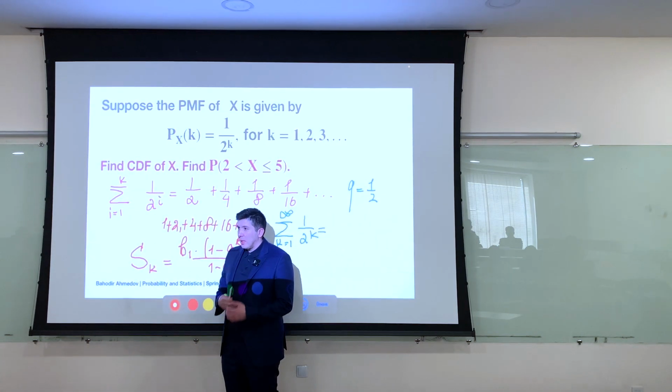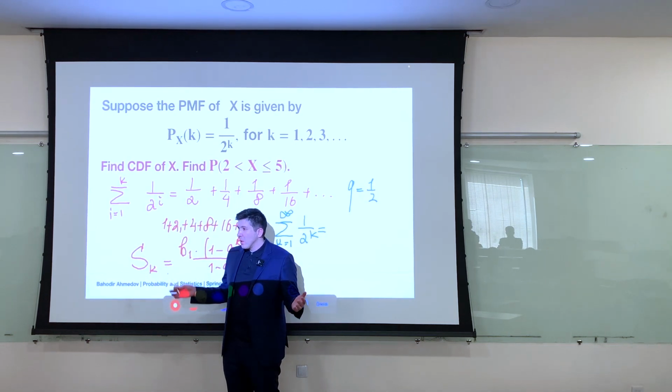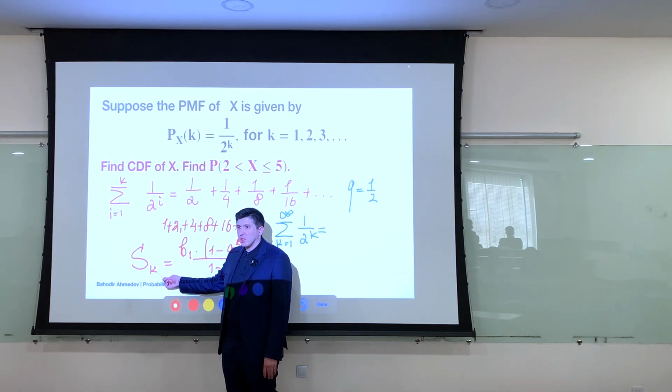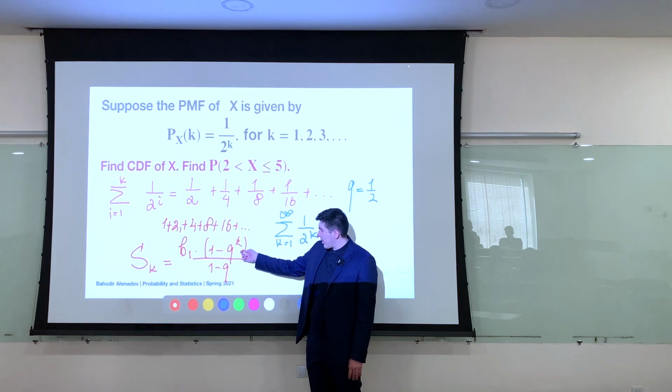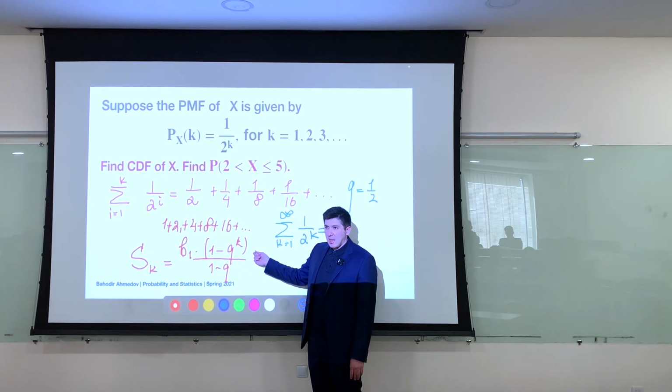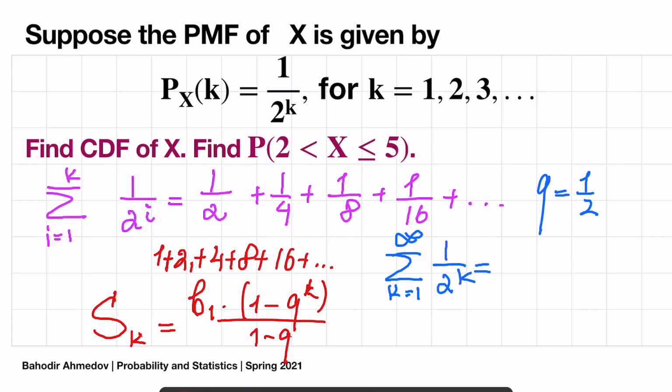We need to sum infinitely many terms, where k, the number of terms, tends to infinity. The q to the power of k tends to 0 when k goes to infinity if q is less than 1. In our case, q is equal to 1 over 2. So this is equal to 0 when k goes to infinity.